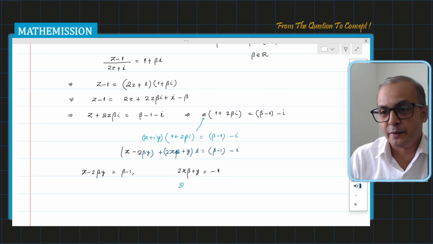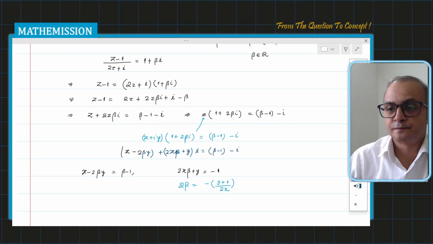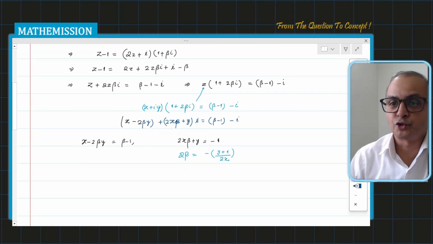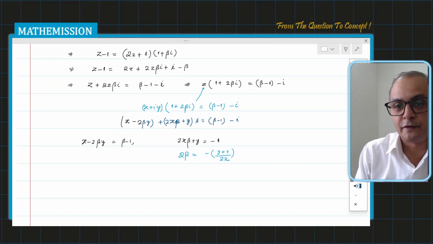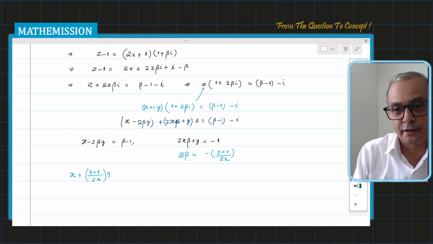What is the value of 2 beta here? It is minus of y plus 1 divided by 2x. And I'm substituting this 2 beta directly here. So it will give you x plus y plus 1 by 2x times y.